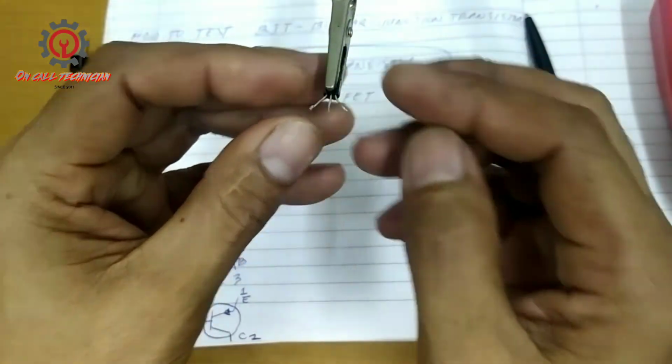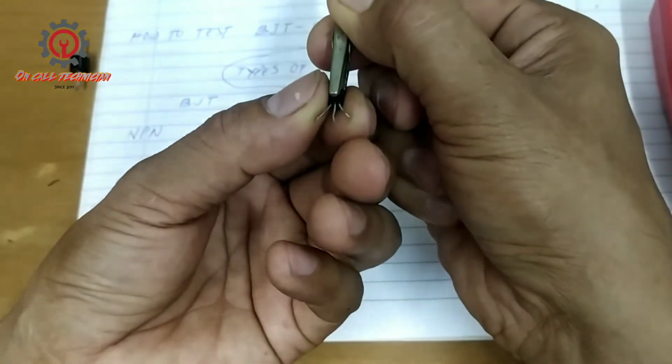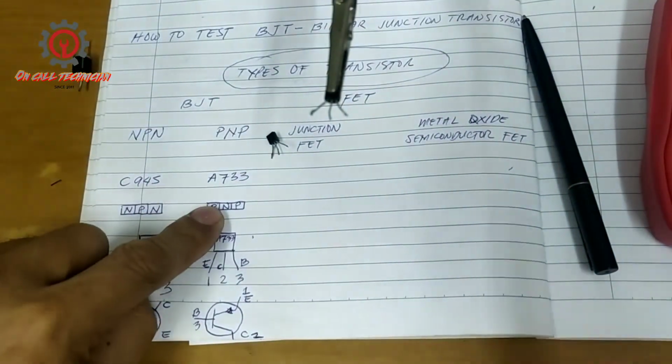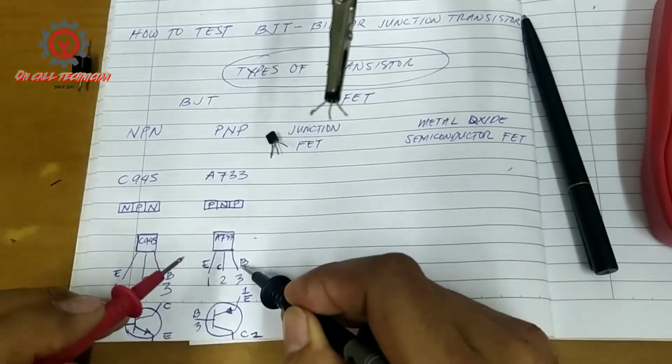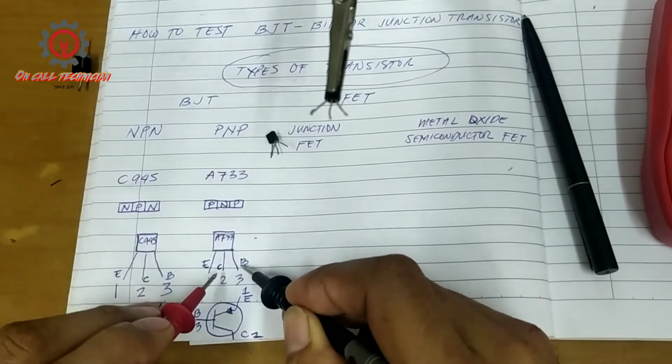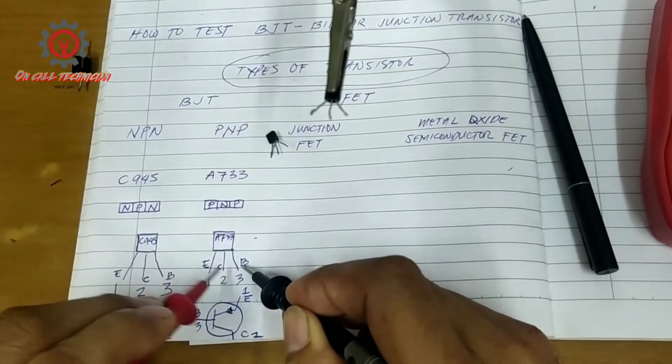Now we're going to test this one, guys, using this construction here. So the base is negative, and the collector and the emitter are positive.